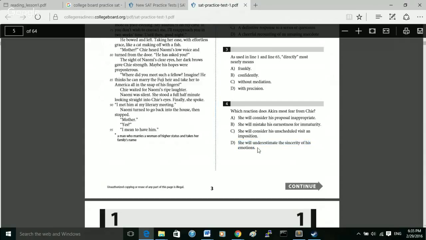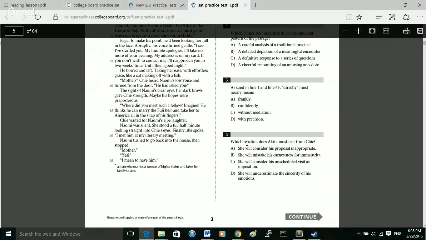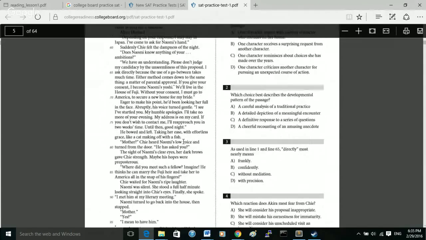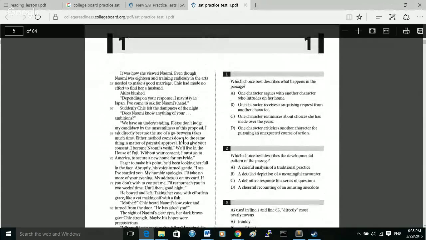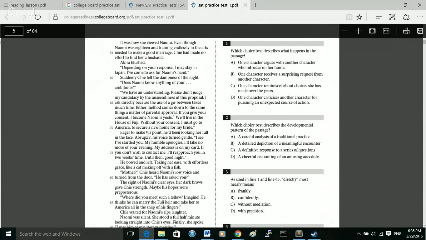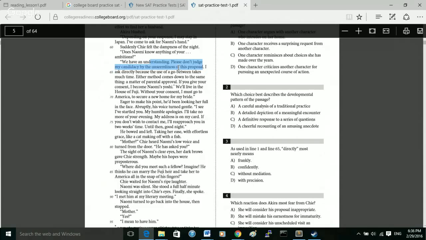This also may be one, but let's look for concrete evidence showing that this is wrong. "Please don't judge my candidacy by the unseemliness of this proposal. I ask directly because the use of the go-between takes much time. Either method comes down to the same thing, a matter of parental approval." So basically he says, don't judge my candidacy by the unseemliness of this proposal.